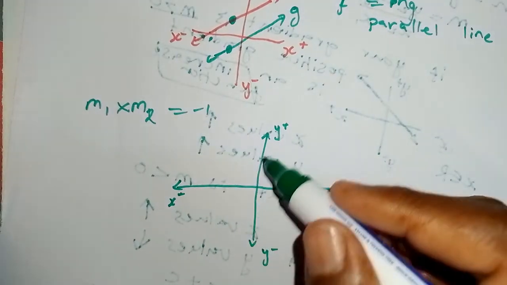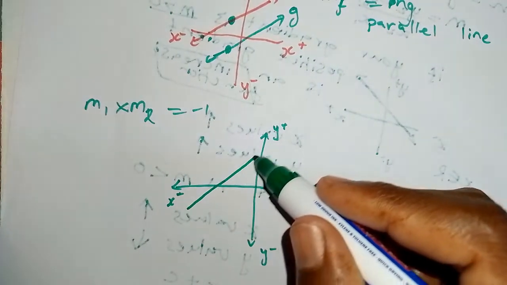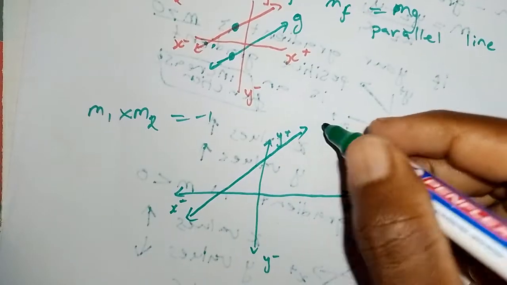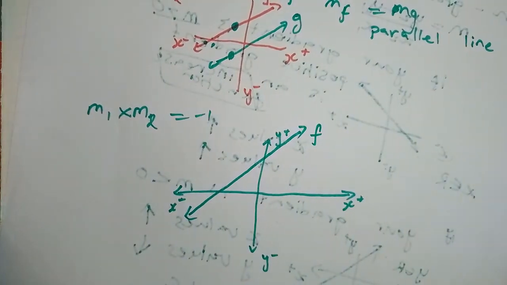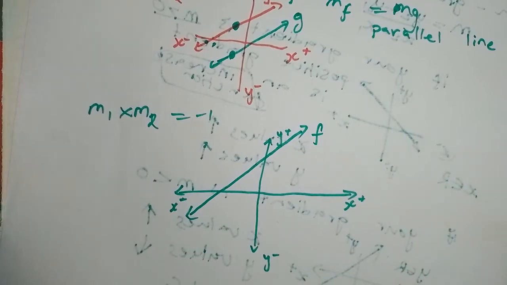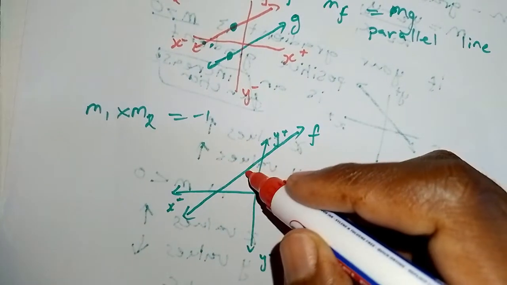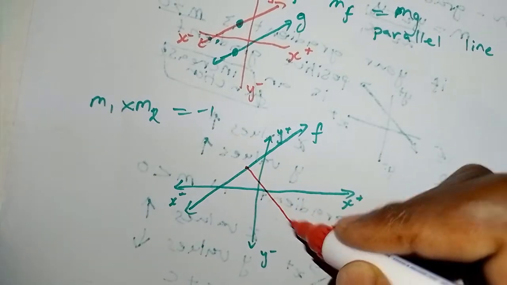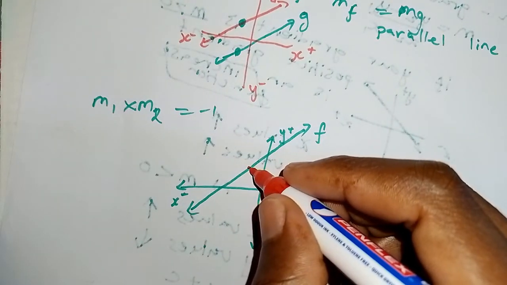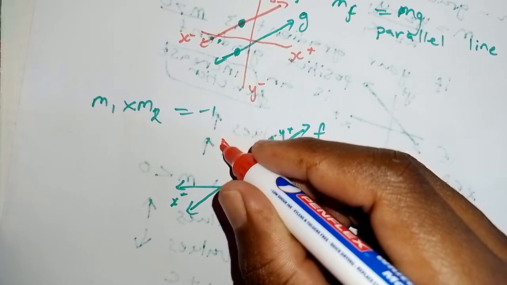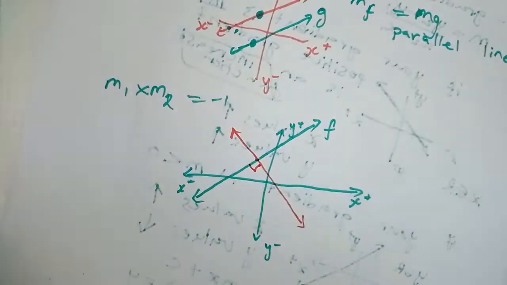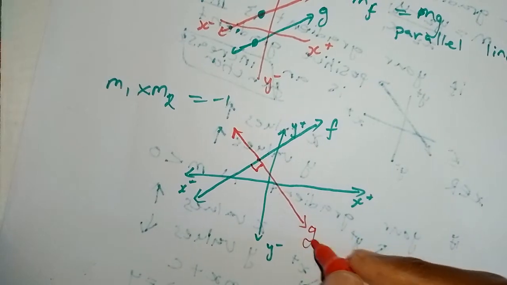This is my function, let me just call it f. That is my function f, and then let's draw another function, call it g. This is my function going that way. Let's call this one g.